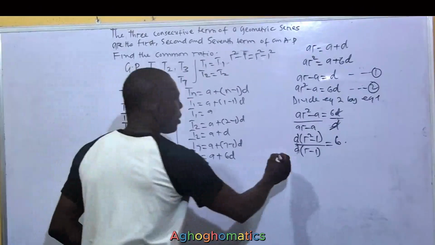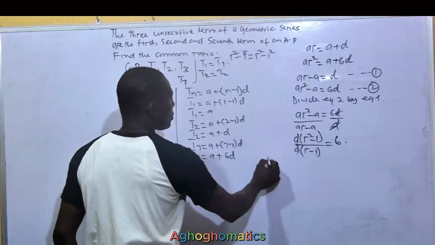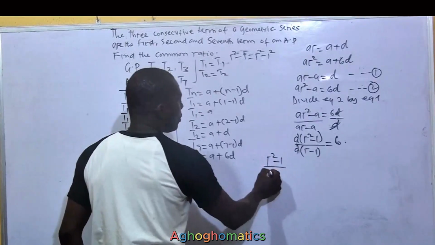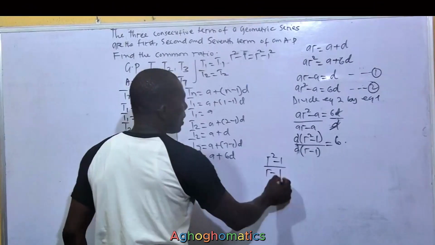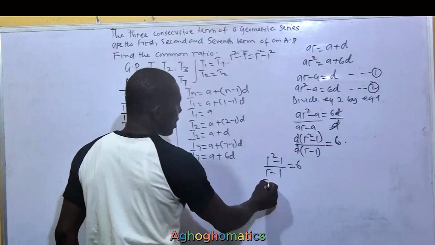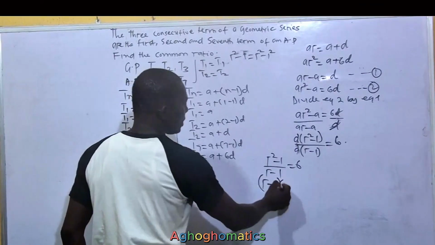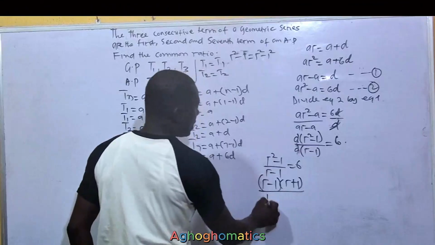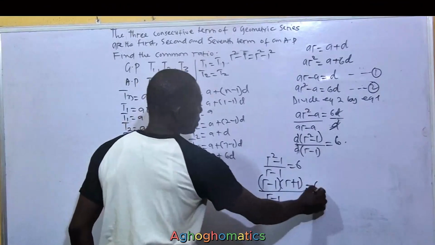And here, we can say that this is r squared minus 1 over r minus 1 equals 6. So r squared minus 1 can also be expressed as r minus 1 into r plus 1, divided by r minus 1, equals 6.